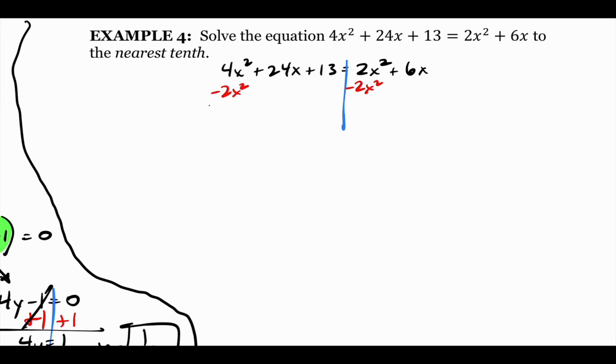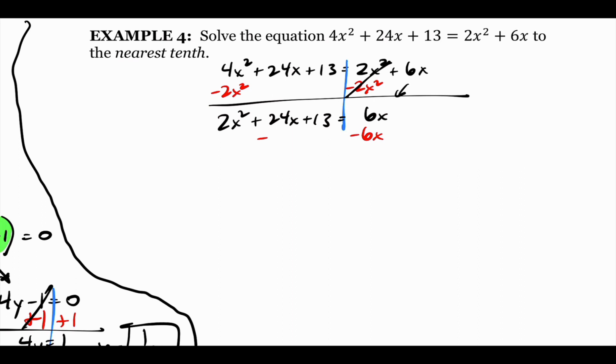Okay, so I got to set it equal to 0: 2x squared plus 18x plus 13 equals 0.